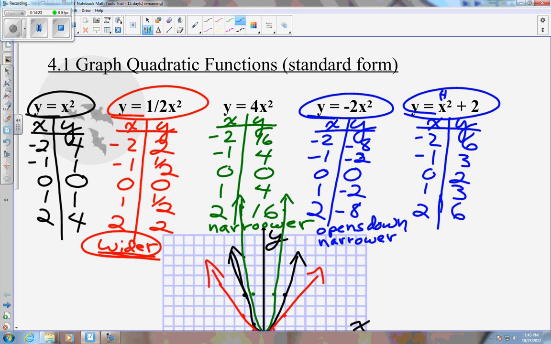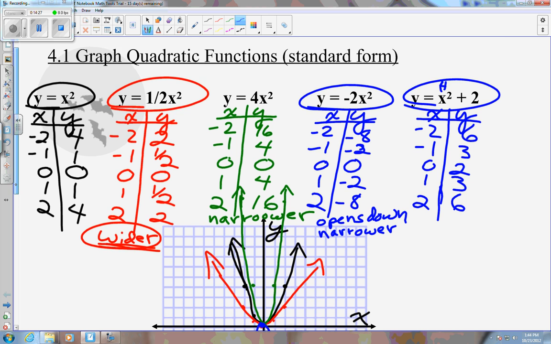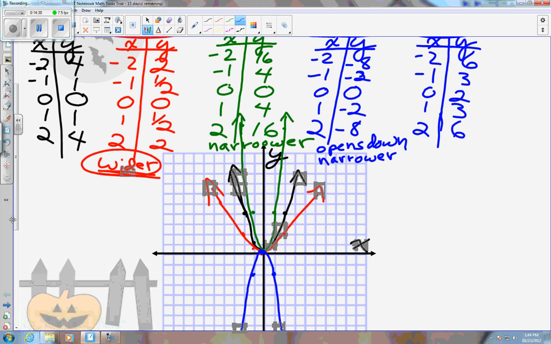How's this one going to change? It's going to move up. Okay, good job. You guys are doing this. Okay, we've got 0, 2. We've got negative 1, 3. We've got 1, 3.